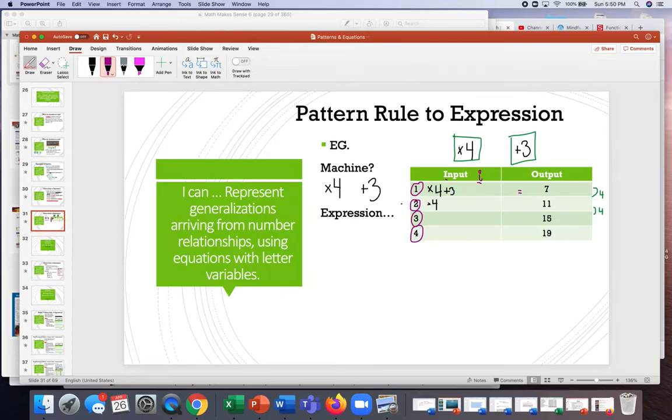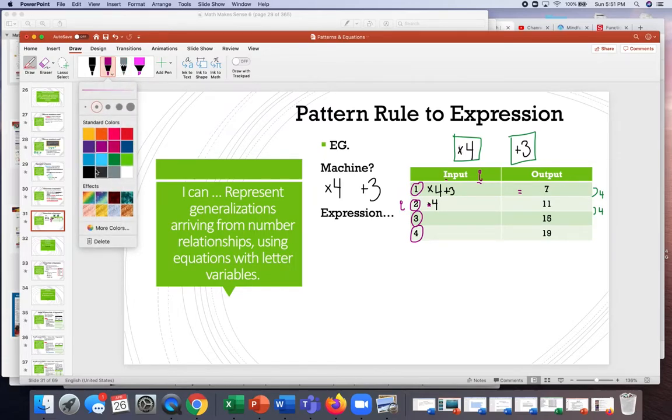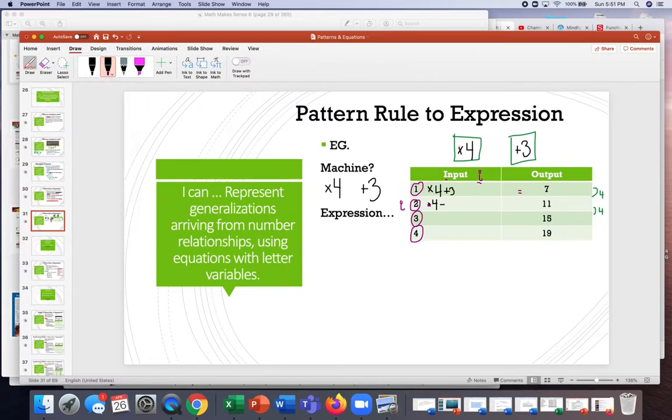If my I here is 2, 2 times 4 is 8, plus 3 is 11. If my I here is 3, 3 times 4 is 12, plus 3 is 15. Hopefully we're okay so far.